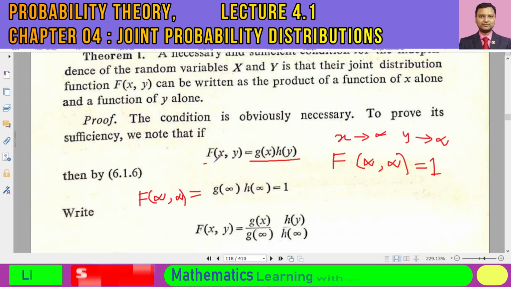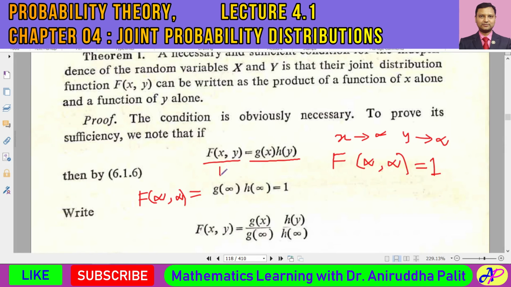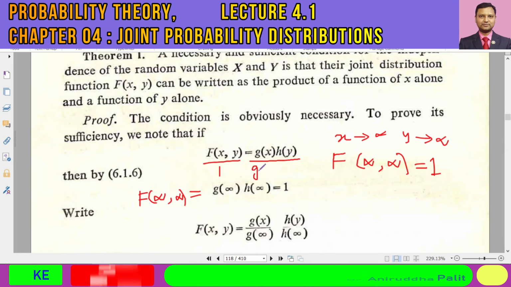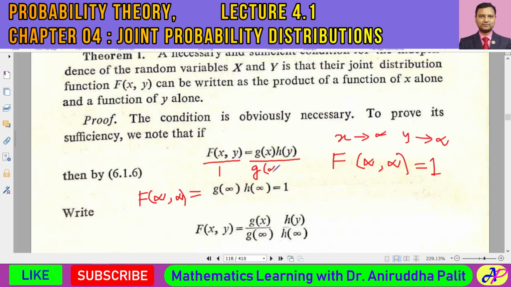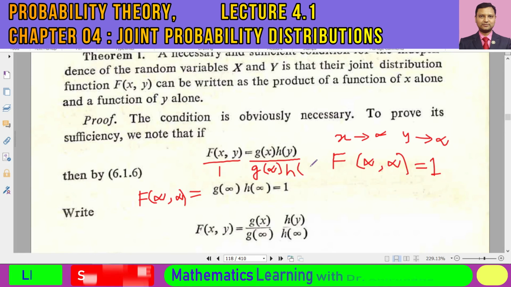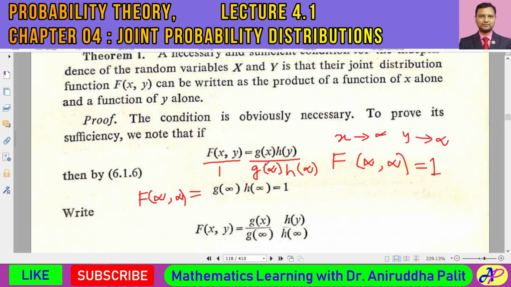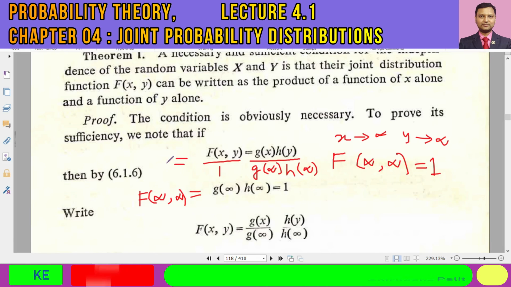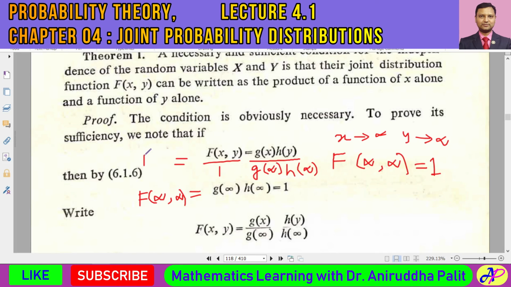So if we divide this expression by 1, meaning this quantity g of infinity multiplied by h of infinity, then on the left hand side, we actually have this function of x comma y.